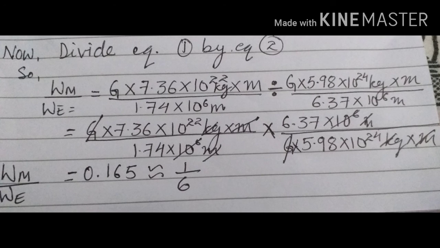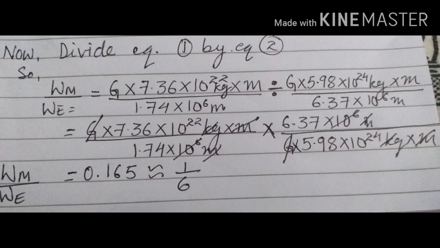That means the left hand side you divide, and the right hand side you divide. So on the left hand side we have Wm divided by WE, equal to, first you write the value for the mass of the moon: G into 7.36 into 10 to the power 22 kg into m divided by 1.74 into 10 to the power 6, divided by, now you write the value for the earth: G into 5.98 into 10 to the power 24 kg into m divided by 6.37 into 10 to the power 6 meter.